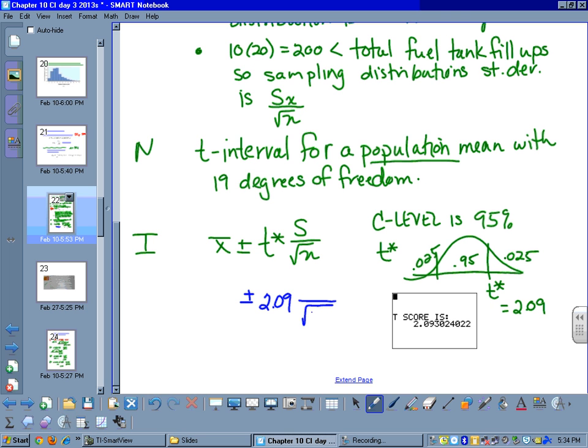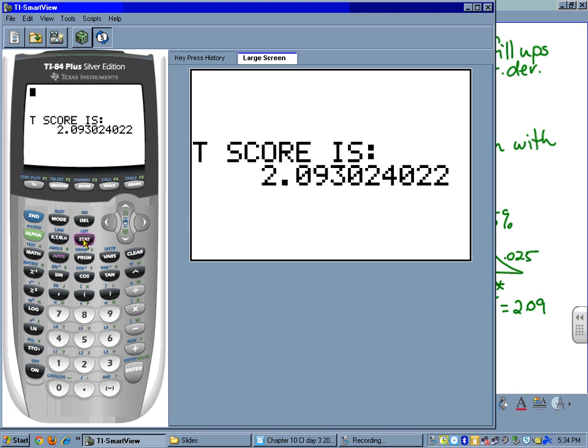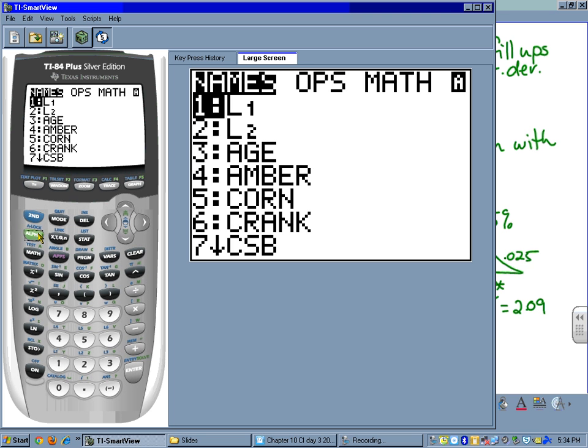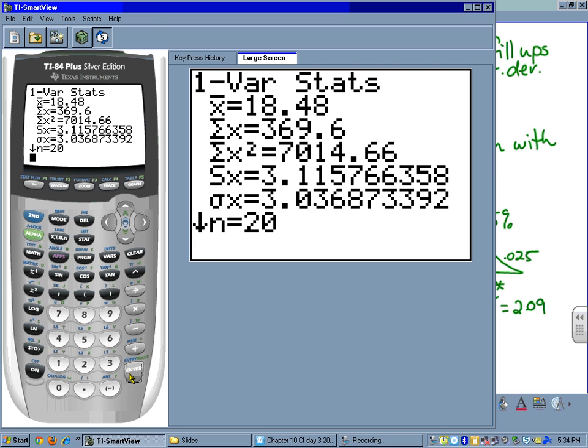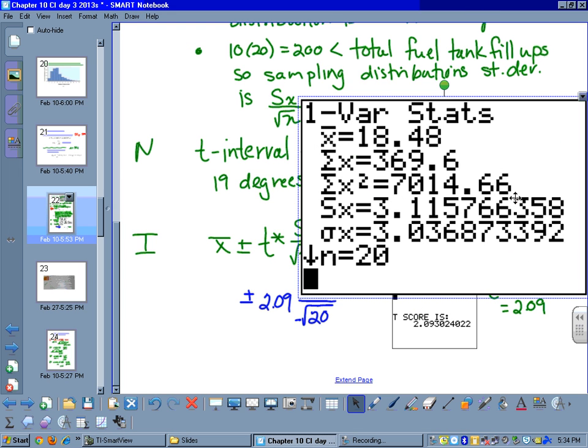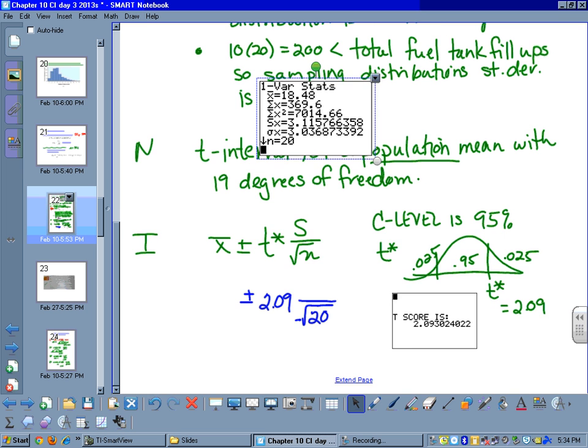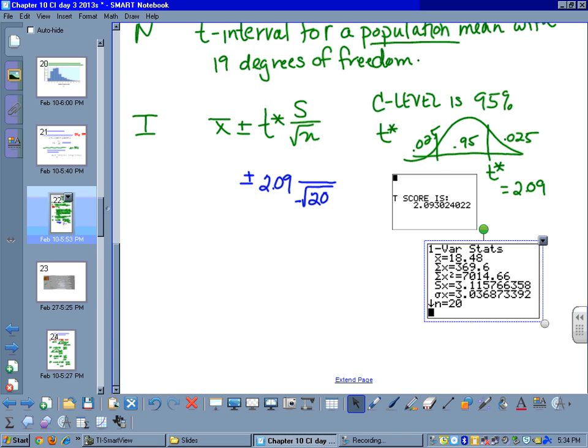I know that N is 20. I don't know my S and I don't know my X bar, but I have a calculator that can calculate that for me. Calculate one variable statistics on my list MPG, and it gives me 18.48 exactly, and I'm going to round my standard deviation to 2 places, 3.12.